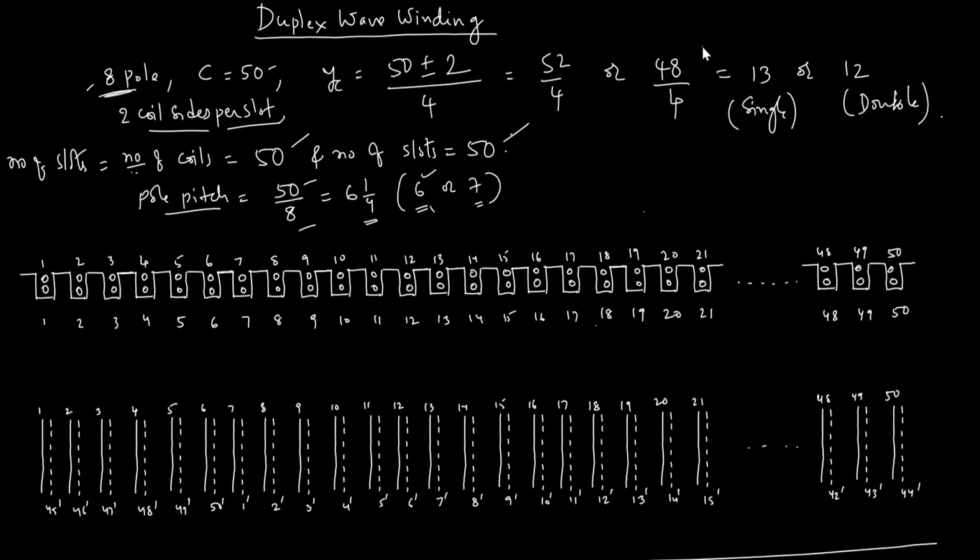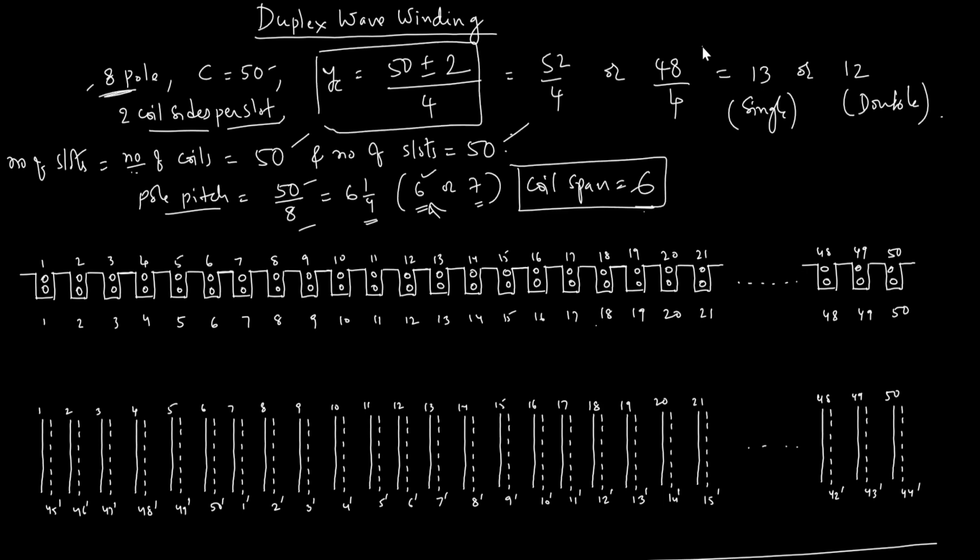So let us take the coil span equal to 6 in this example, right? And commutator pitch YC equals number of segments, that is C, plus or minus 2. Here because we are drawing duplex wave winding, this M is 2 and the pair of poles is 4.